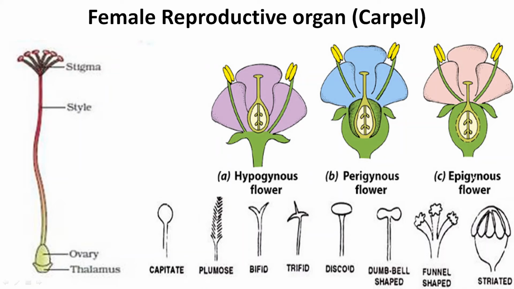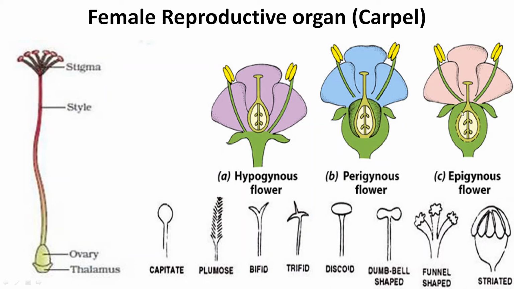In case of epigynous flower, the ovary is below. So here what happens? Here the margin of the thalamus completely encloses the ovary. The ovary is fully within. So here the thalamus completely encloses the ovary and gets fused with it.